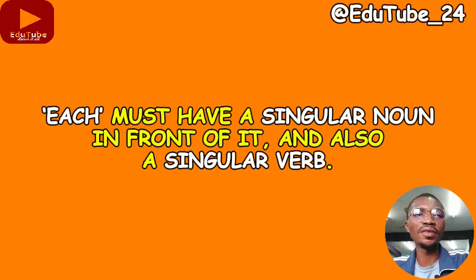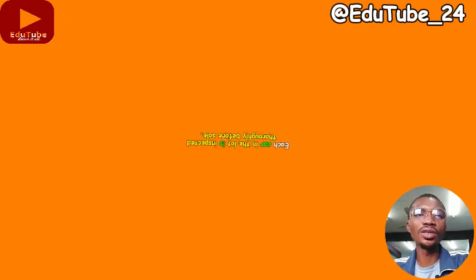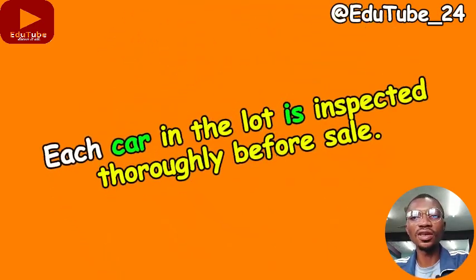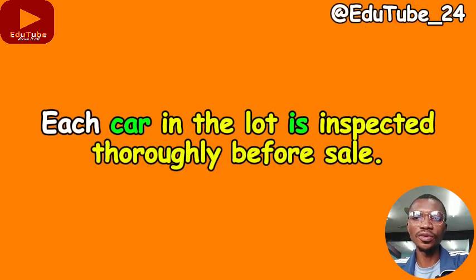The first example says: each car in the lot is inspected thoroughly before sale. Each is an indefinite pronoun, and car is a noun. You can see that car there is a noun and it is not pluralized.